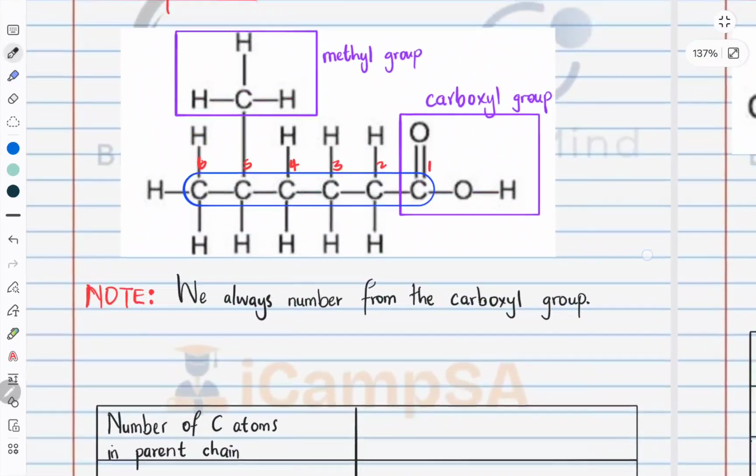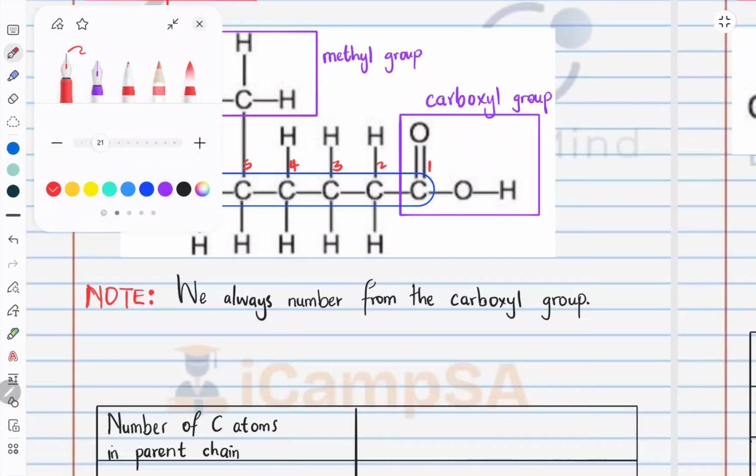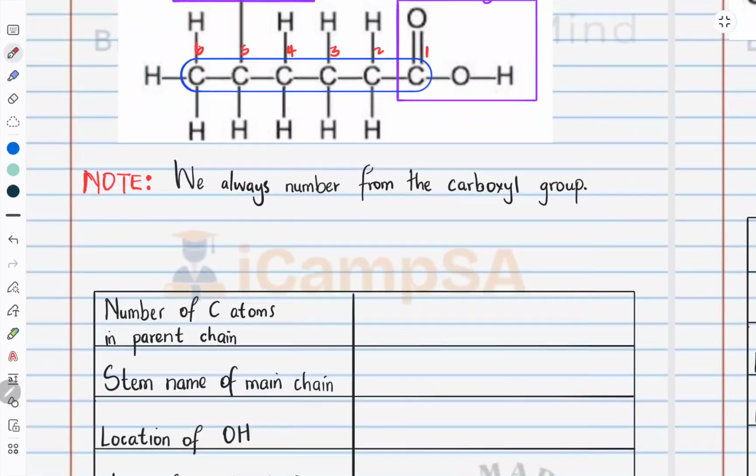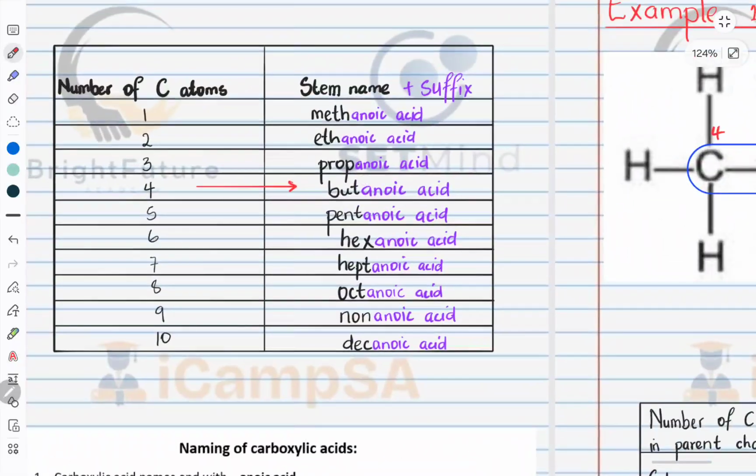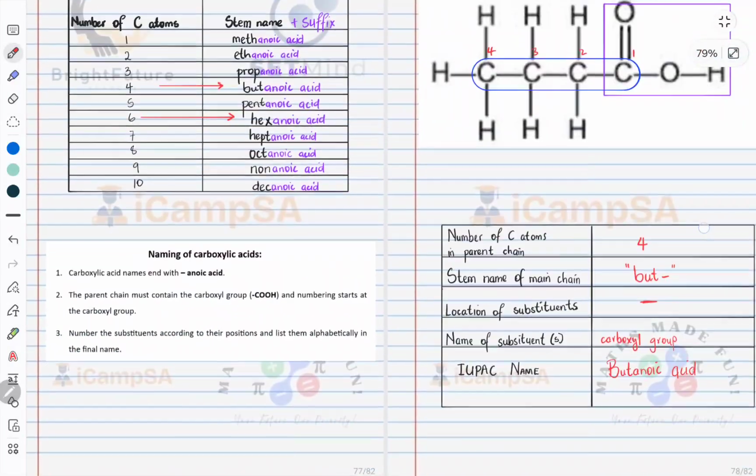All right, so now let's go ahead and fill our nice table. Number of carbon atoms in the parent chain is 6. Stem name of the parent chain, since 6, it means hex. Remember, if we come to our table, 6 is hex, or hexanoic acid in this case.